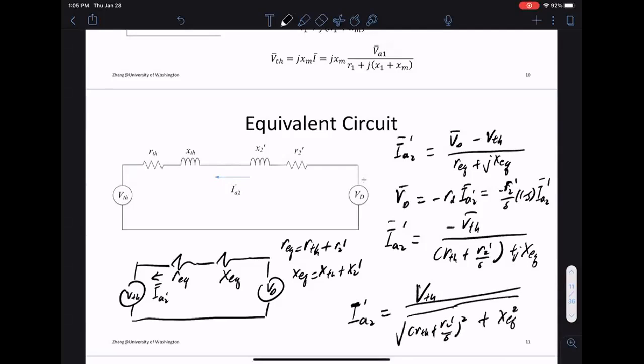So once we get down to this equivalent circuit, we can do a lot of calculations. It is not different than any normal calculations we do for this kind of circuit.